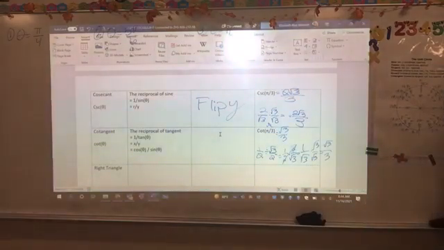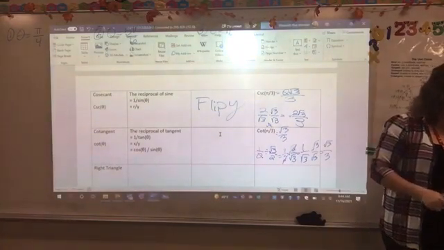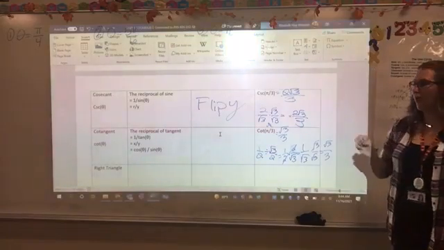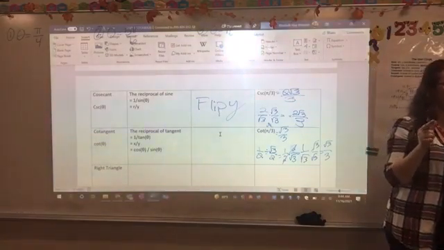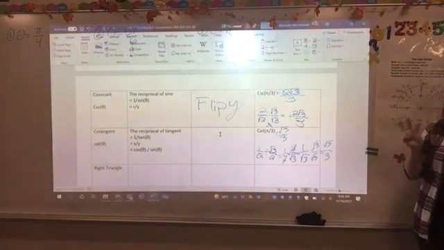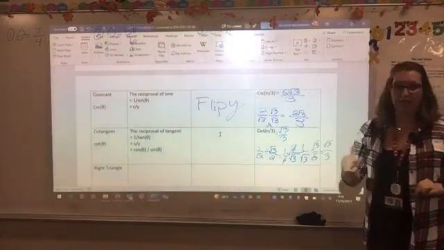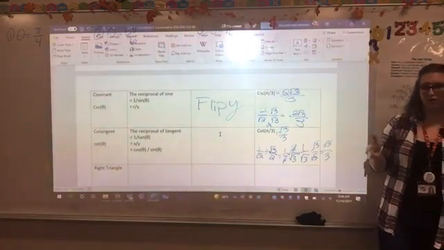So those are your three reciprocal trig functions. You have 3 main trig functions and 3 reciprocal trig functions. The only buttons on your calculator are for sine, cosine, and tangent. So you have to know how to reciprocate sine, cosine, and tangent in order to get secant, cosecant, and cotangent.